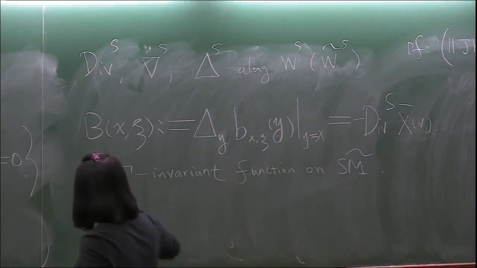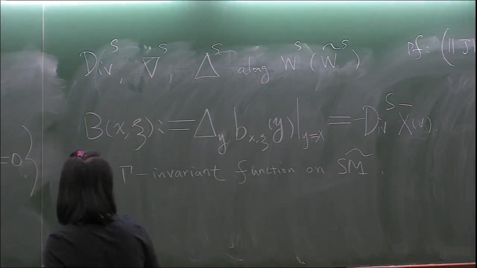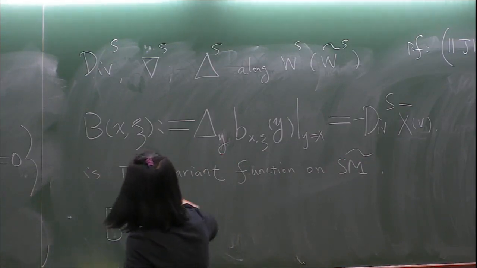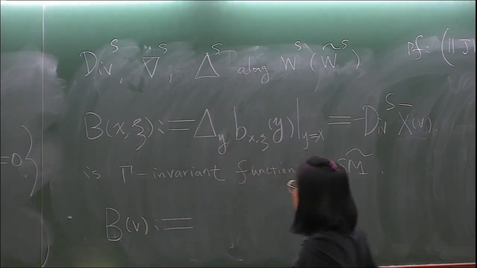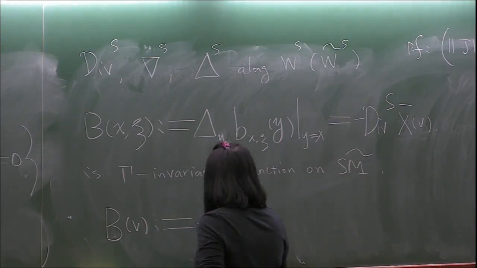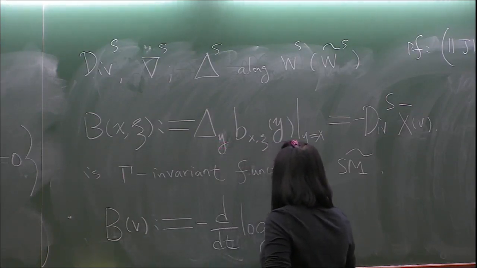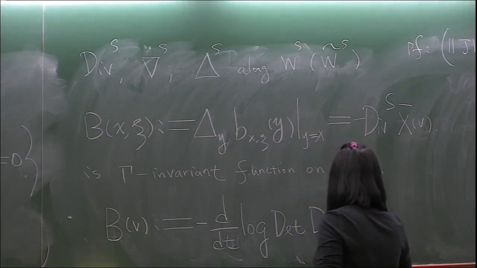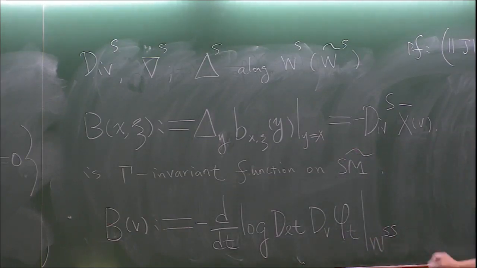One observation from the flow point of view is this result: this quantity equals minus the derivative of the logarithm of the determinant of the tangent map of the geodesic flow in the strong stable direction.